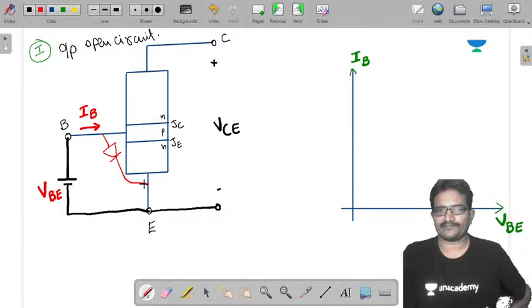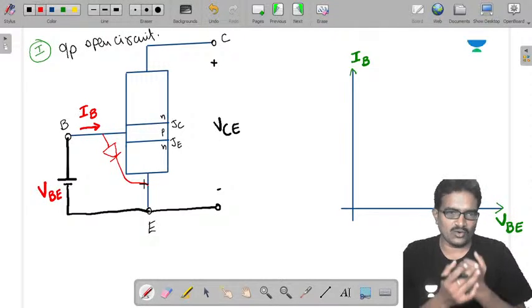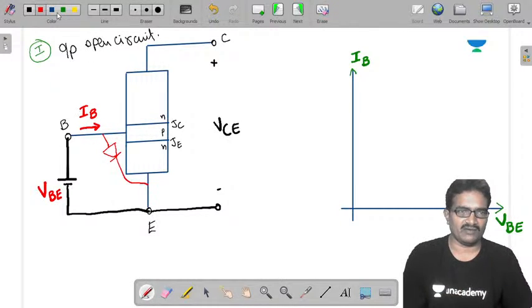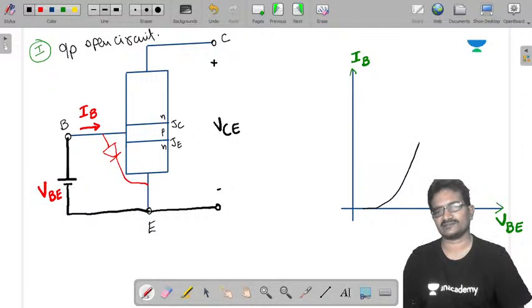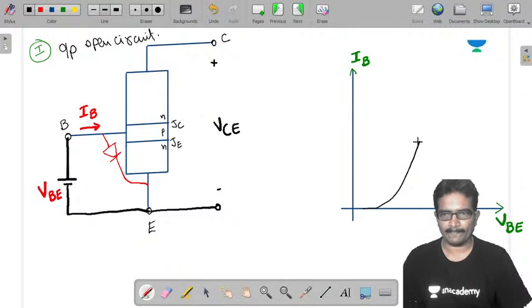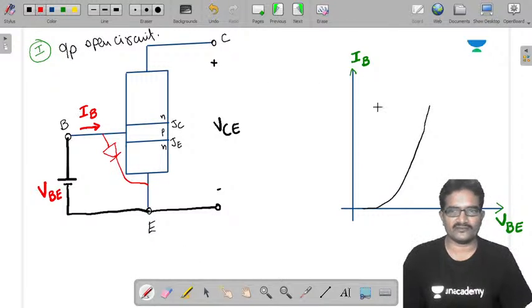So we know the VI plot of a forward biased PN junction diode. Now I am going to plot this. It is increasing like this. This is the plot for step 1.